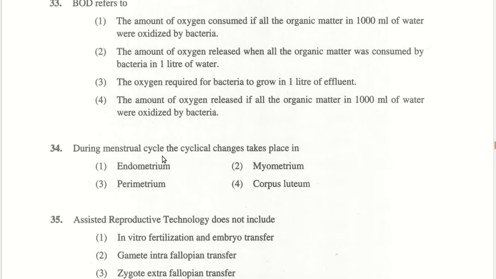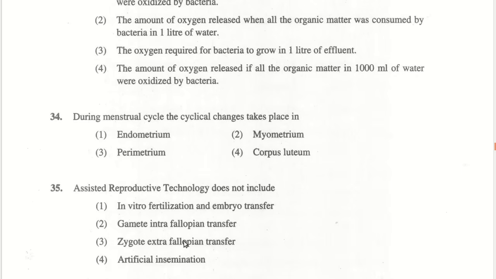34th, during the menstrual cycle, the cyclical changes take place in the endometrium. Assisted reproductive technology, ART, does not include zygote extrafallopian transfer, whereas ART includes in vitro fertilization, IVF and ET, gamete intrafallopian transfer, GIFT, and artificial insemination, AI.